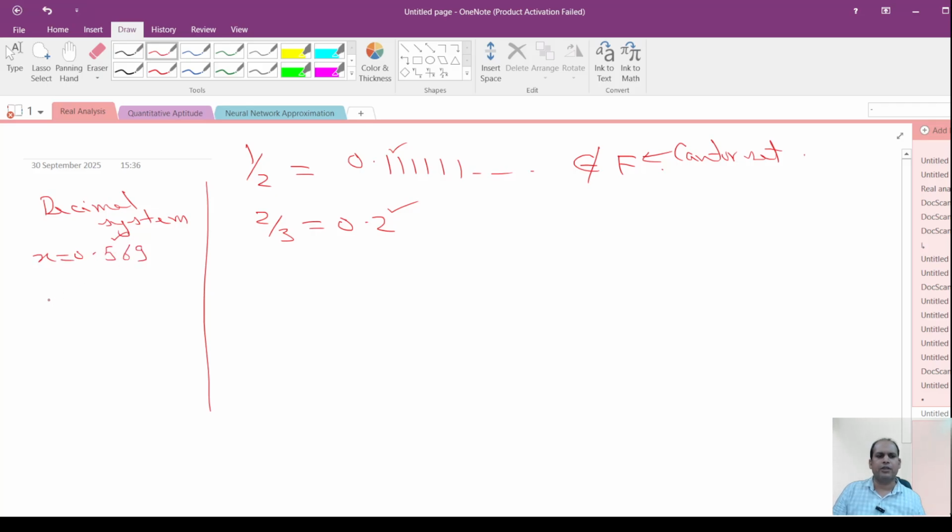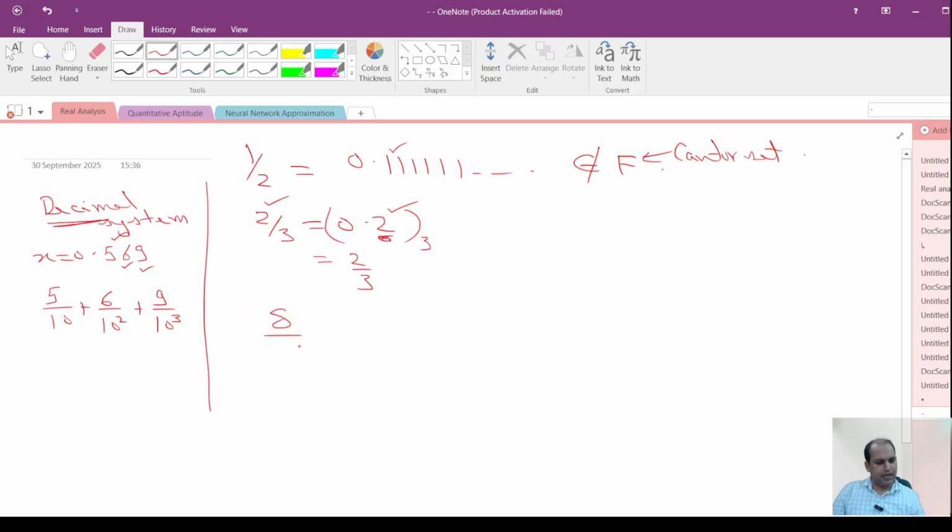How to obtain this 5? 5 by 10 plus, for this 6 we need to divide again into 10 equal parts, and for this again into 10 equal parts. So, that will be 9 by 10 cubed, but this is in the decimal form. So, similarly this is 0.2. Why? Because we are trying to write it in ternary form. So, at each step we need to divide into 3 equal parts. So, if I divide this 2 by 3, I will get 2 by 3.